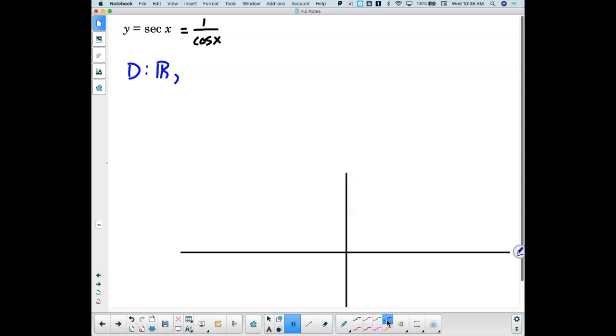All real numbers, but what? So when cosine, so cosine can't equal 0. So that happens when? Pi over 2? 3 pi over 2? 5 pi over 2?